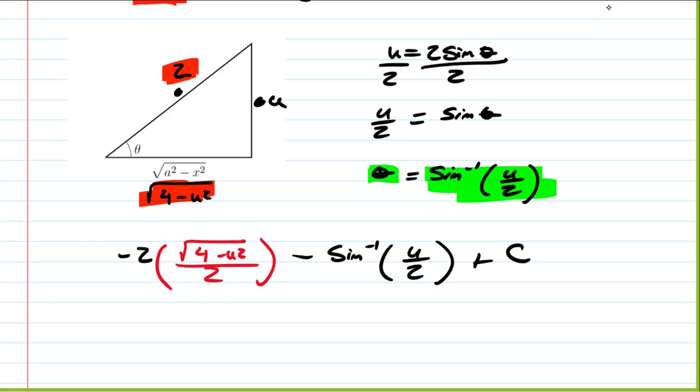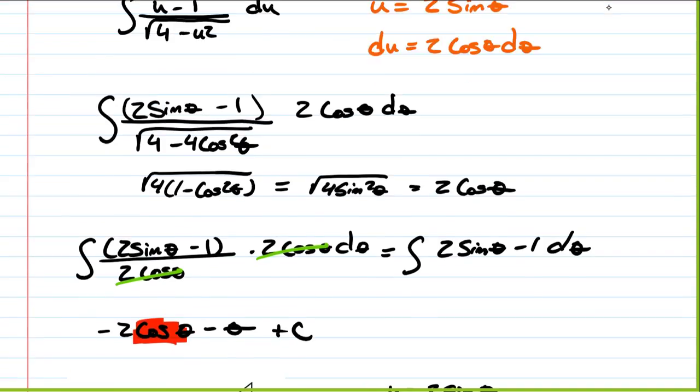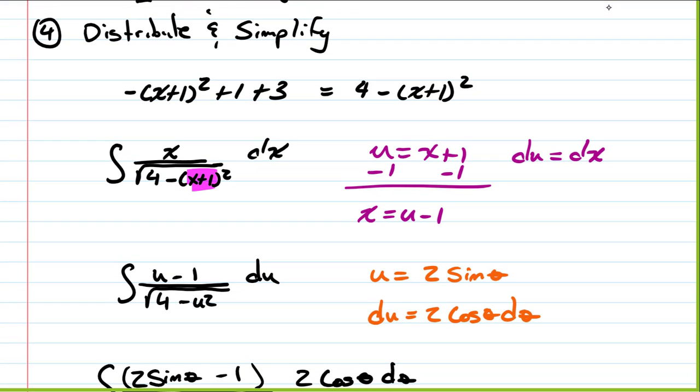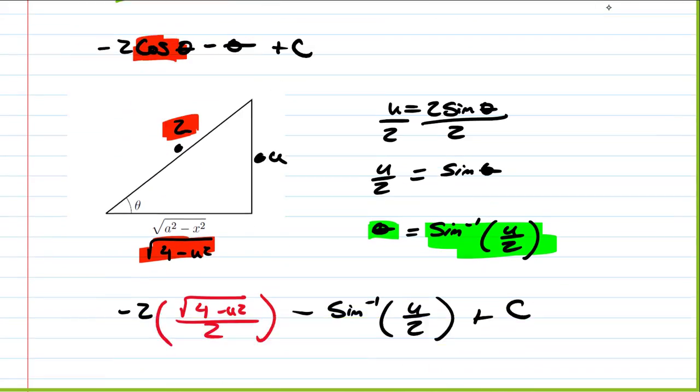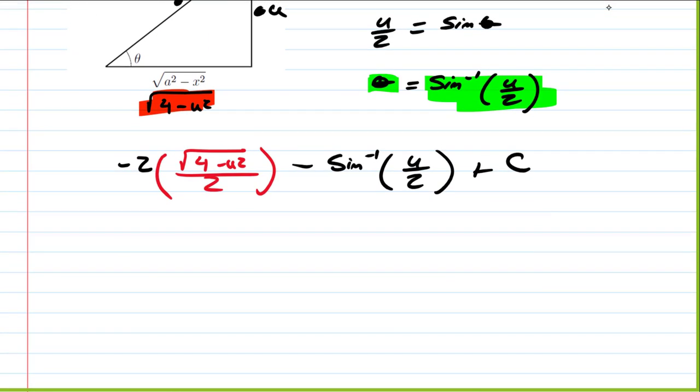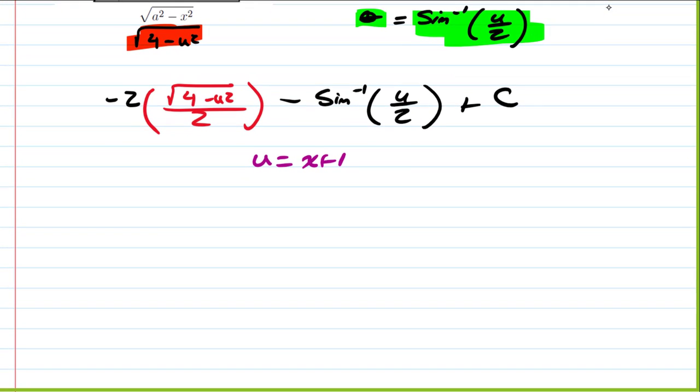But now we don't want u's. What do we need to get back to? X's. So what was our original substitution? U is equal to x plus 1. So we finally substitute that back in. And we simplify a bit first. So we have 2 and 2. They reduce out.